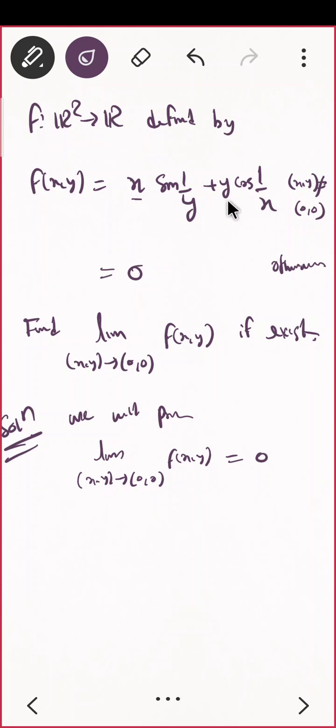So x and y are the dominant characters here, correct? So x will survive and y will also survive, but since x and y are going to (0, 0), this will be 0 and 0, so the answer will be 0. So this is what I should prove now, correct? So how will you prove? Now the proof has to be done. Now I have the limit value 0. This is my claim. So how will you prove?